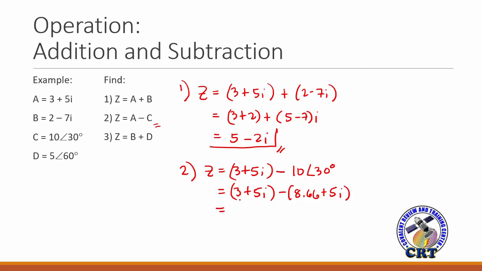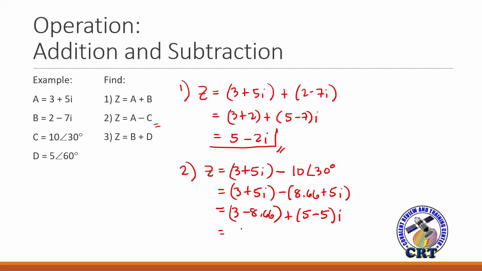This is 3 minus 8.66, in parentheses, then plus 5i minus 5i, the same 5.